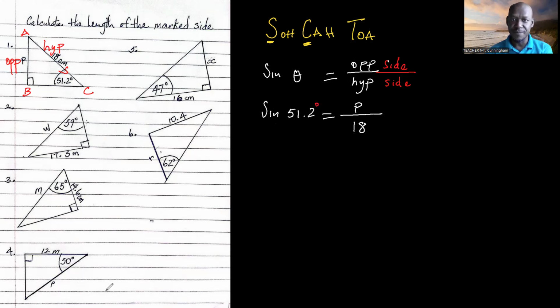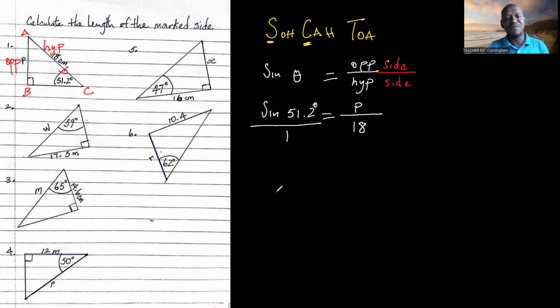Good so far. Now, this part here is a fraction. All right, people, this part here is a fraction. So here is what I want to do. Because this side is a fraction, I am going to make the other side a fraction by putting sine 51.2 over 1.